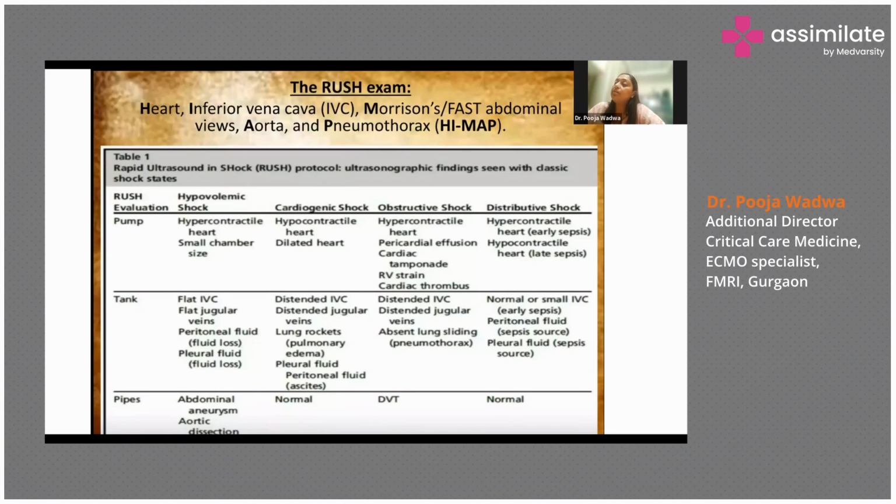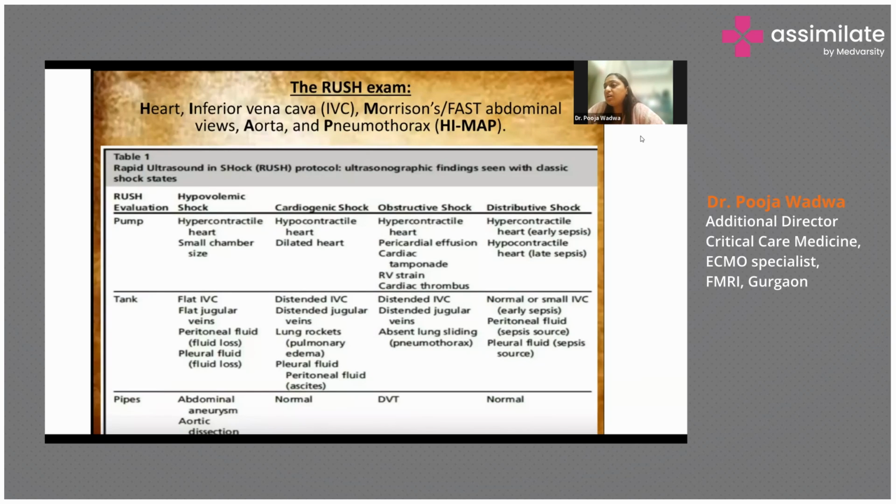So it may lead to myocarditis and hypocontractility of the heart. Whenever there is hypercontractility, it will show you a normal or small IVC. So initially your patient will be fluid responsive, but as the contractility decreases, your patient will be less and less fluid responsive and will show you a distended IVC.